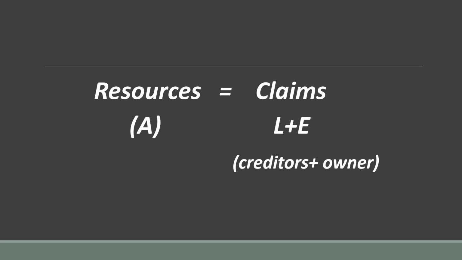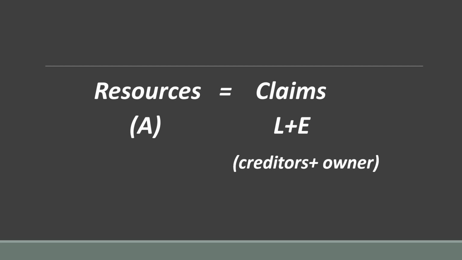Pero yan is nanggaling kay owner because that is capital investment of the owner. So that cash is claims of the owner. So for example, the cash invested by the owner is 10,000. So that 10,000 is claims of the owner. Kay owner yan.